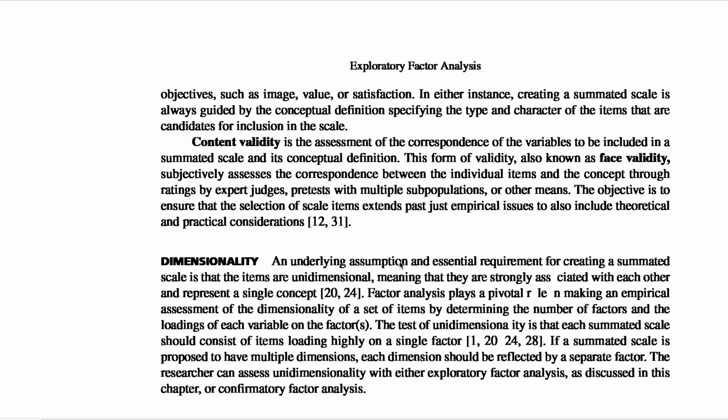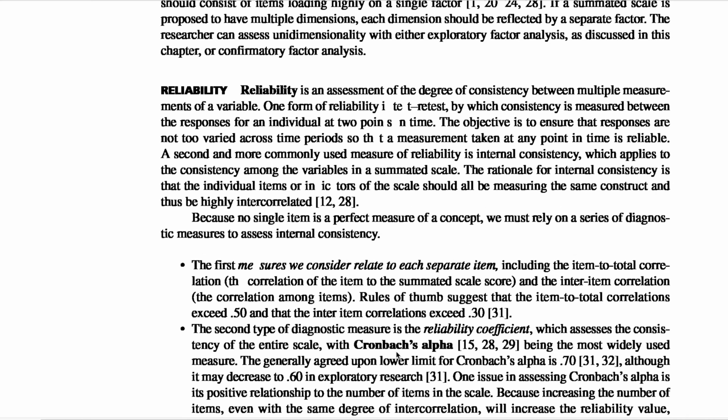If a summated scale is proposed to have multiple dimensions, each dimension should be reflected by a separate factor. The researcher can assess the unidimensionality with either exploratory factor analysis, as discussed in this chapter, or confirmatory factor analysis. Let's talk about the reliability.